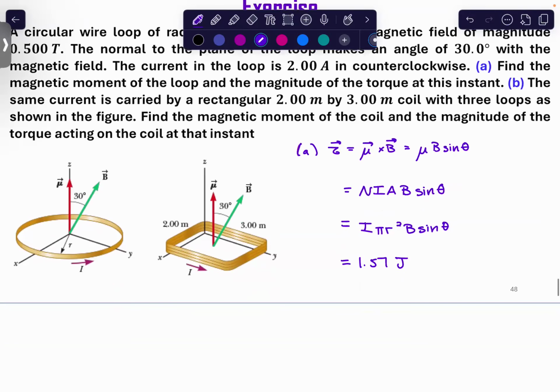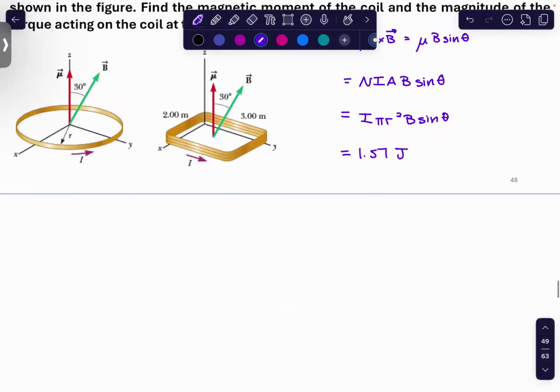Okay, so for part B, same current going through a rectangular loop that has 3 loops on it. And your sine of that is 30 degrees. Yes, 30 degrees.